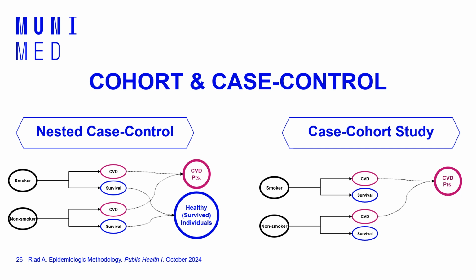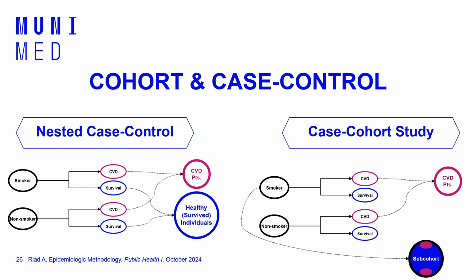However, the difference is in the comparison group, because the comparison group is a sub-cohort. For example, you have 10,000 smokers that we started with, and at the beginning of the study we go to the database and check the information about these 10,000 volunteers, and then randomly select 1,000 of them, which we call the sub-cohort of smokers.